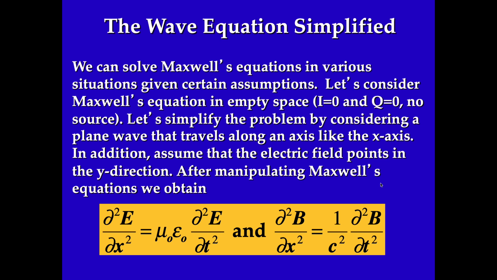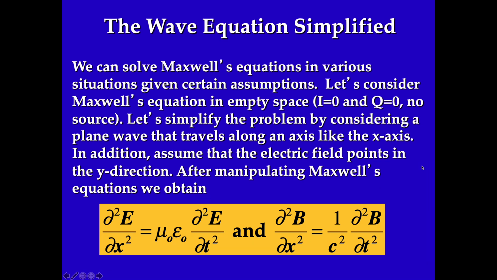A three-dimensional version is much more complicated. It will have the second derivative of E with respect to y squared and the second derivative of E with respect to z squared. Same thing for the magnetic field. These are called partial differential equations because of the number of variables involved, and the solutions to them are not easy to obtain.